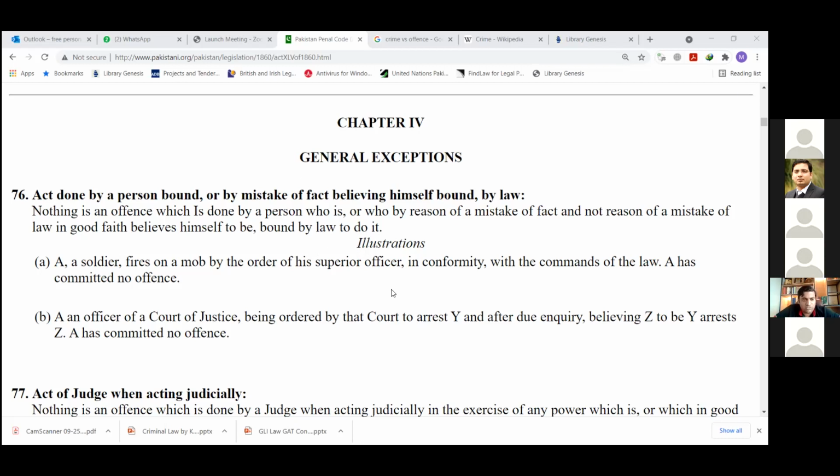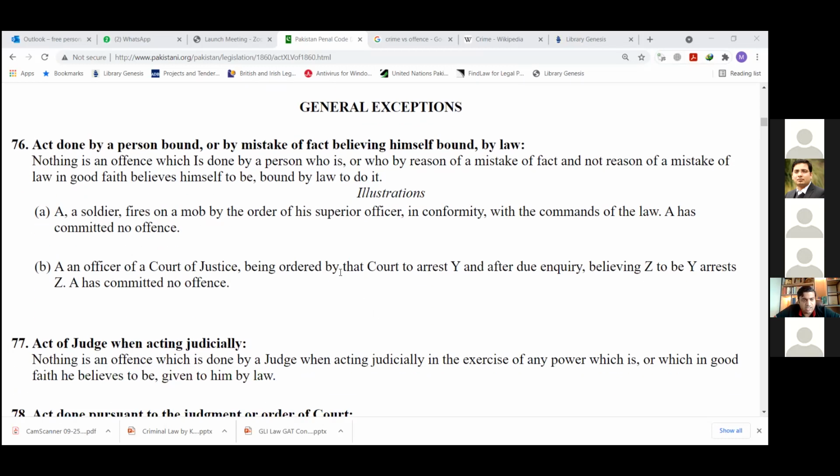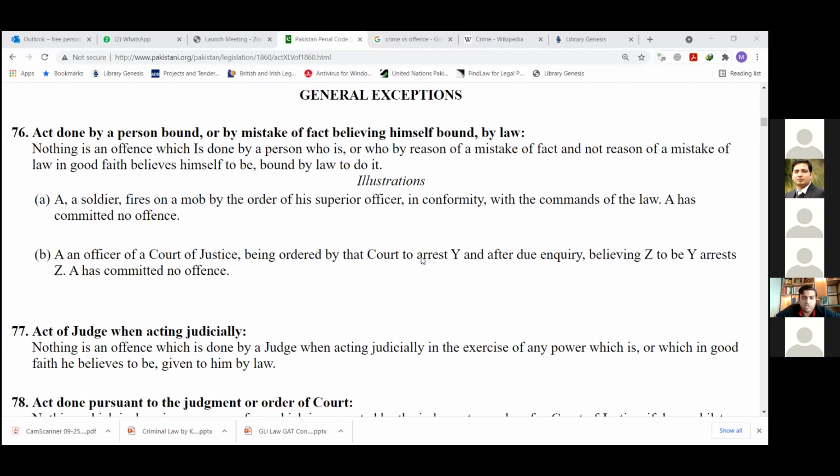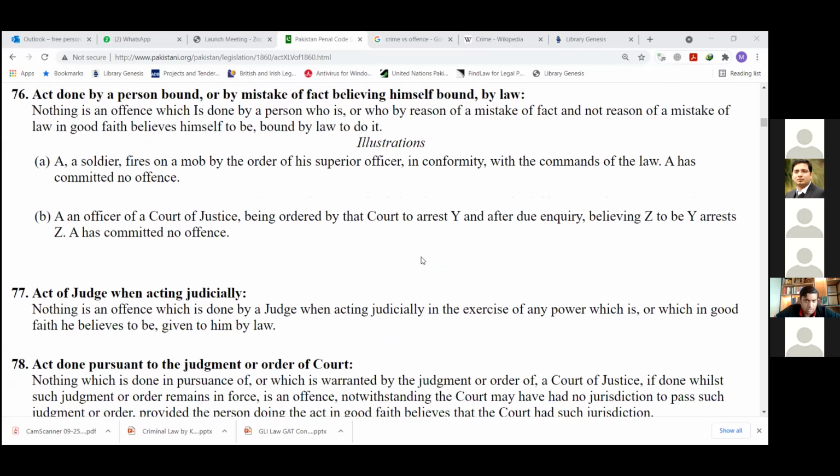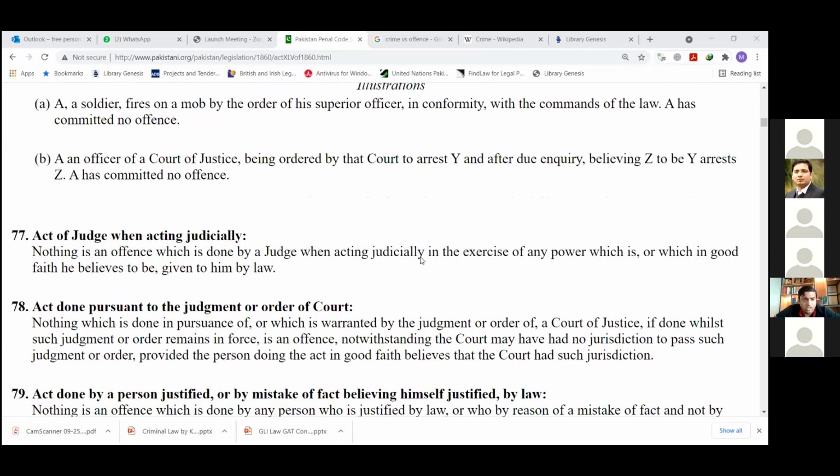So section 76 says that any act done by a person who is bound, or by a mistake of fact believing himself bound by law, is not an offense. The section is self-explanatory.